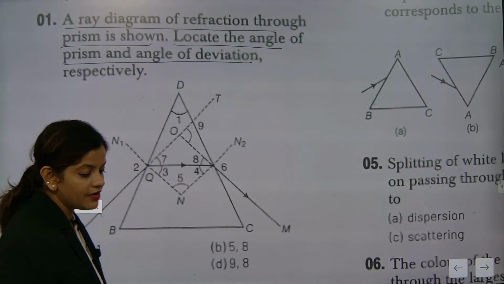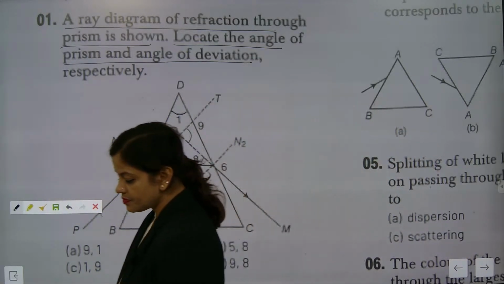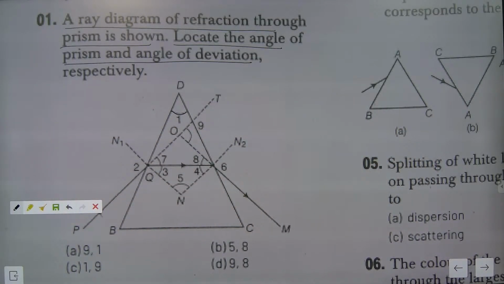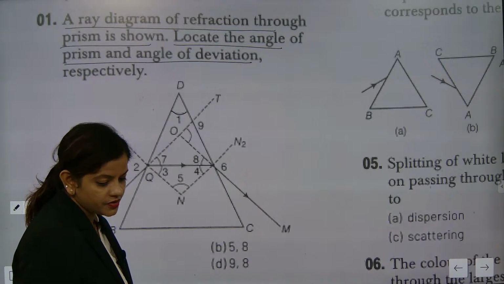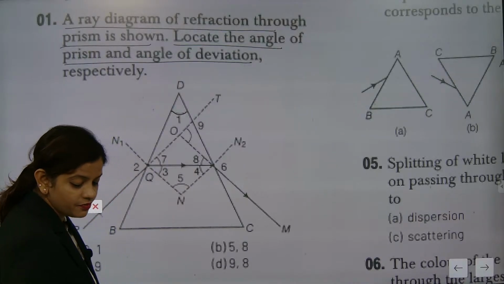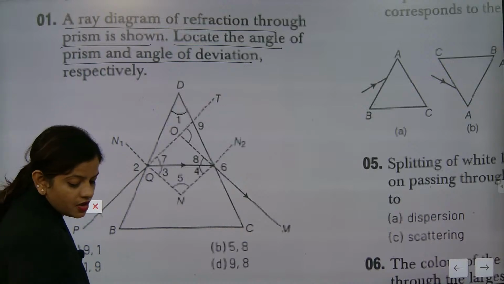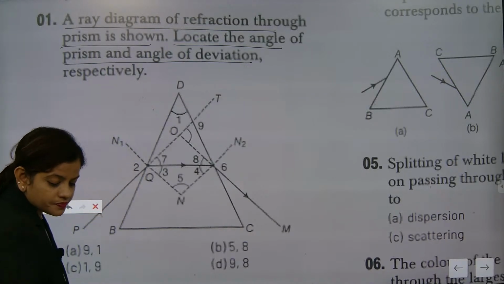Check if people are live or not, and start doing the work. Good evening, Vishwa. Come on, start answering the question, beta. The more questions we solve, the more perfection you will get. So angle of prism and angle of deviation we will do.